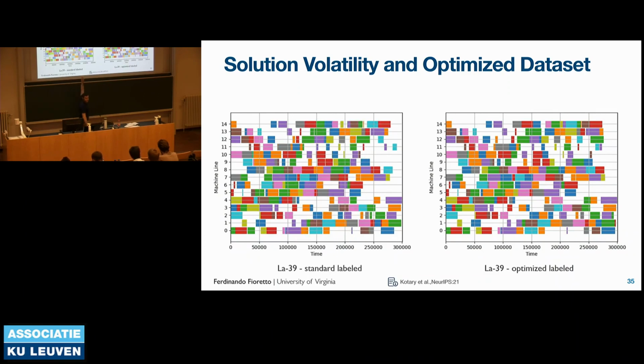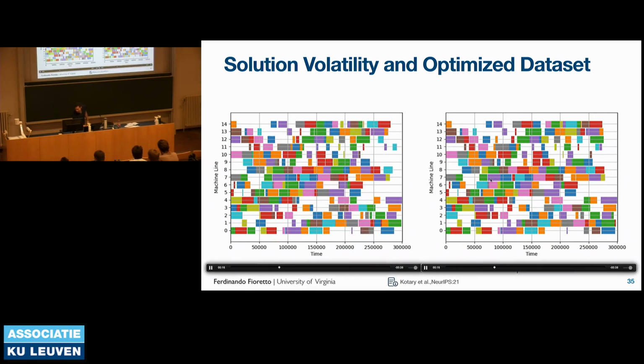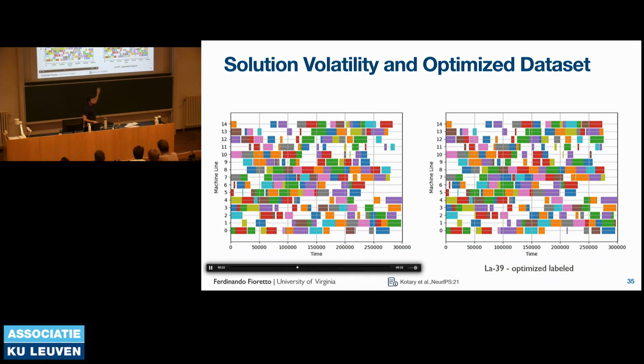This is the data that you're producing normally just by running the CPU optimizer, and this is the data that you're producing by running this routine. I promise you this video is playing. There is a jump, if you notice, at a certain point, but essentially those solutions are much more stable, and so it's natural to think that they are more learnable.